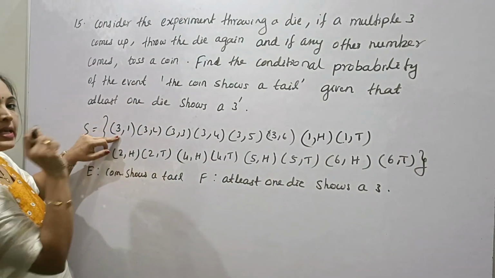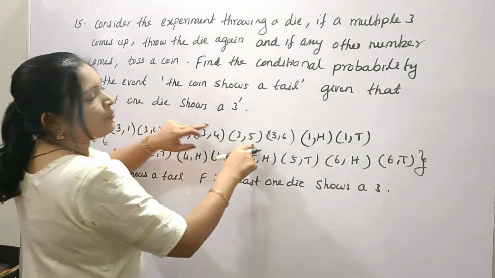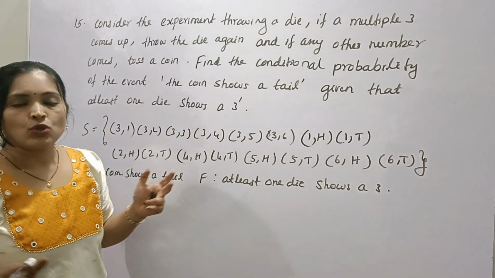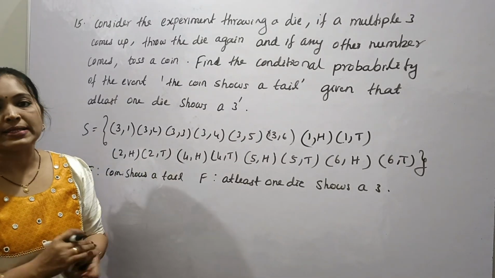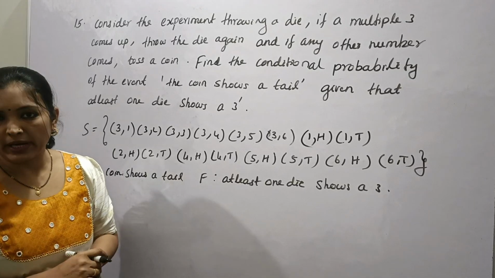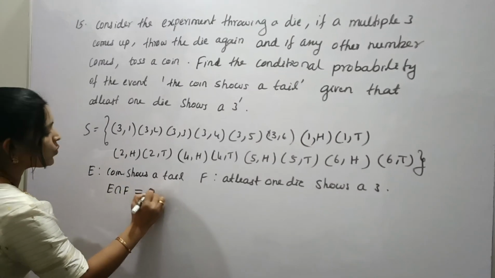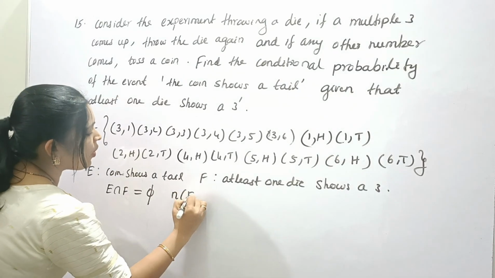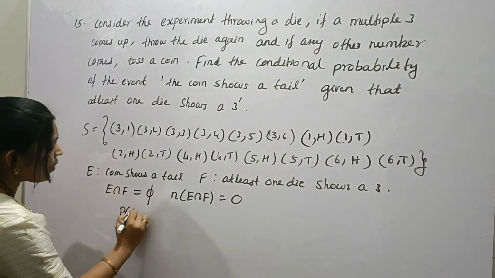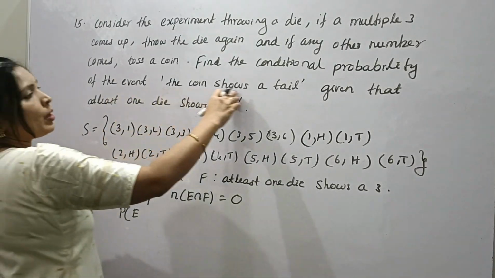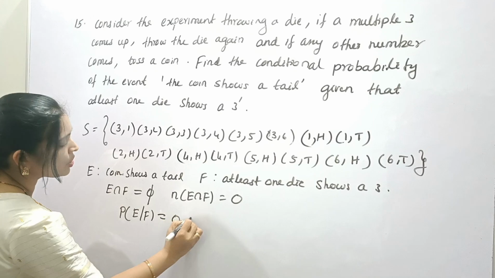So when we take the intersection, we will get the null set. That is, there is no common element. Therefore E intersection F is equal to the null set, that is, the number of E intersection F is 0. Therefore, probability of E given F is equal to 0.